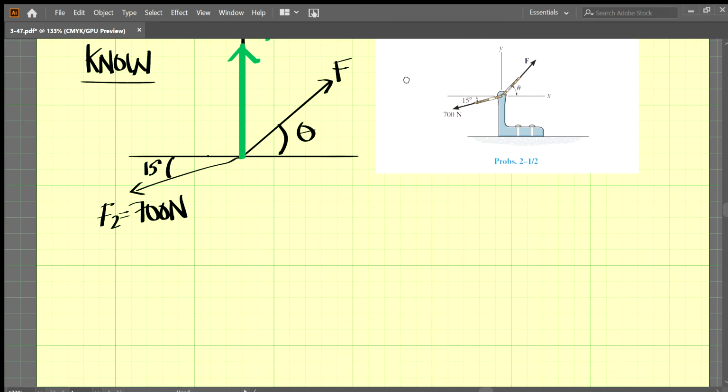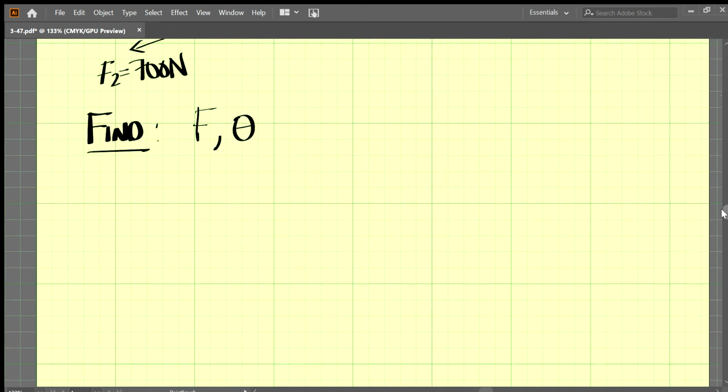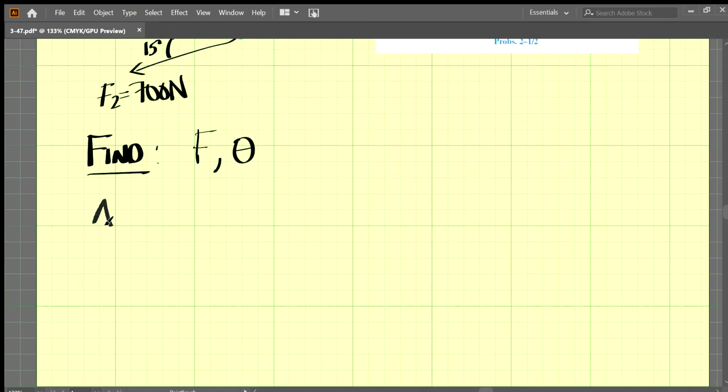Let's scroll down here a bit. So, what are we looking to find here? Well, we're looking to find the magnitude of F and theta. Okay, let's do our analysis.